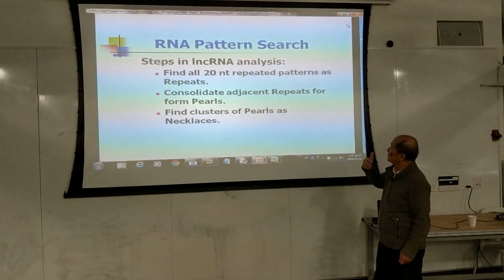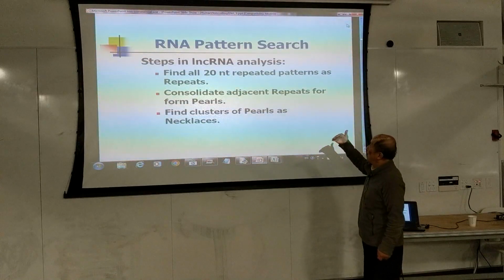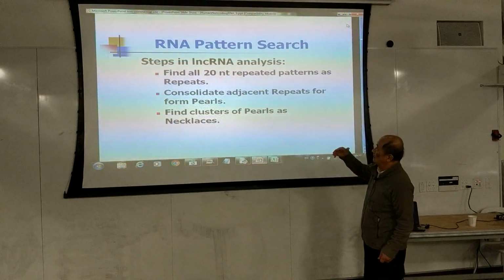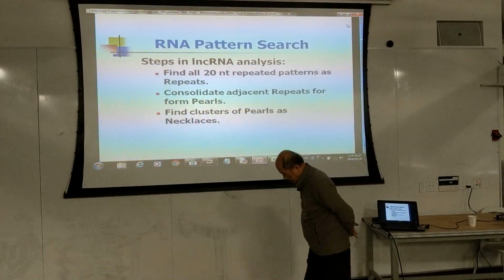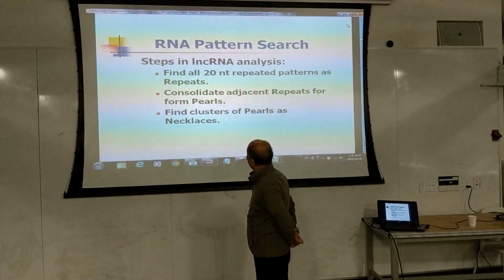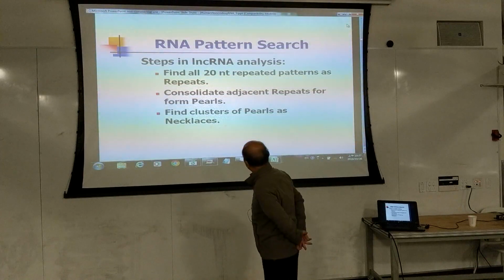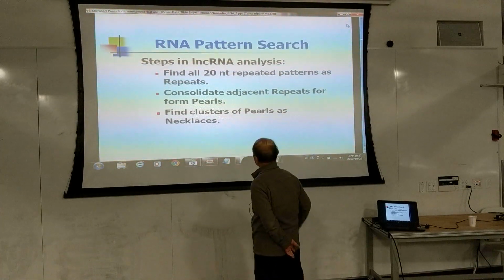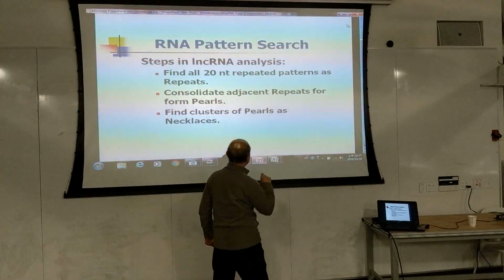First, of course, you get your data into the proper shape, and then you find all the 20-nucleotide repeat patterns as repeats, and then you consolidate the adjacent or consecutive repeats to form pairs.